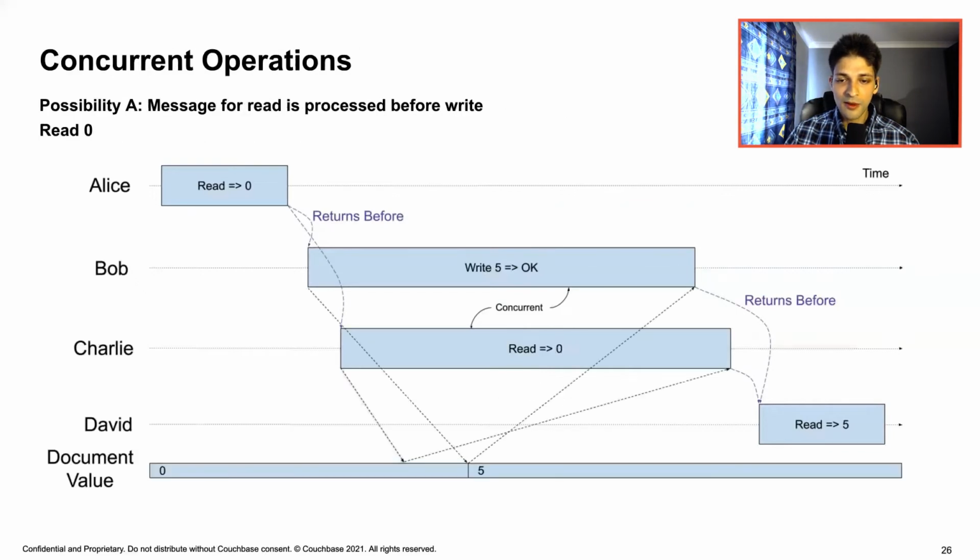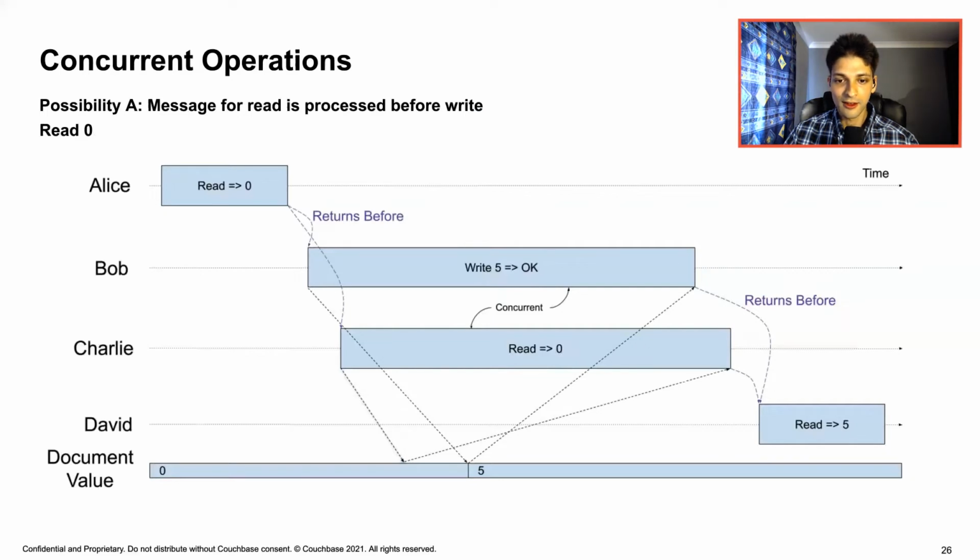Well, operations are not instantaneous, but instead take time. We can visualize this as a message being sent at the start of each operation to some source of truth, for example a database, to be processed, at which point the document state changes, for example from 0 to 5. A response is sent back as confirmation.